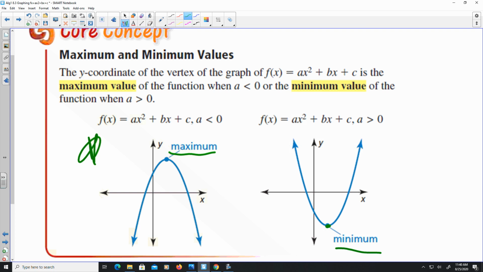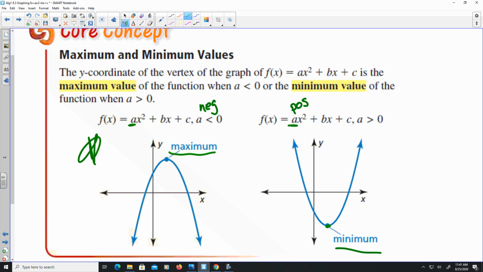All you have to do to determine if it is a minimum or maximum is determine what the value of a is in your function. If a is a negative number, your graph will be a maximum value. If your value for a in the function is positive, it is going to be a minimum value.